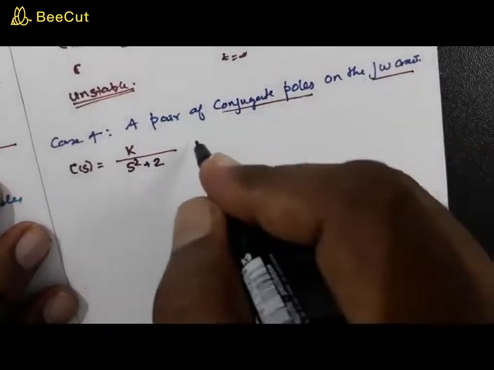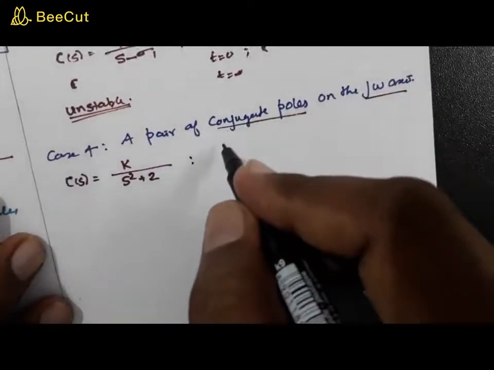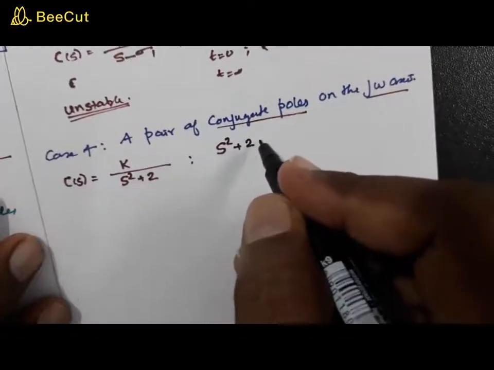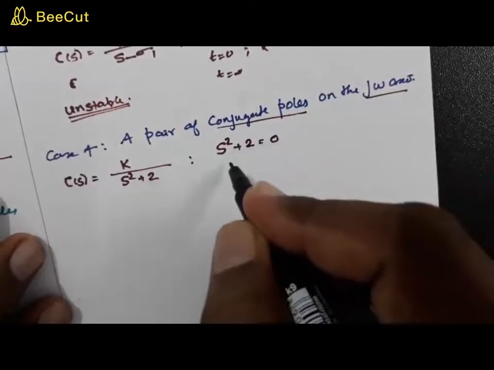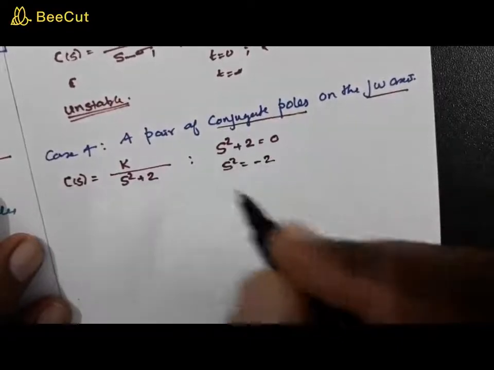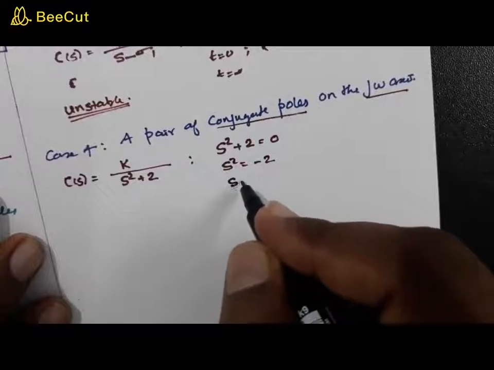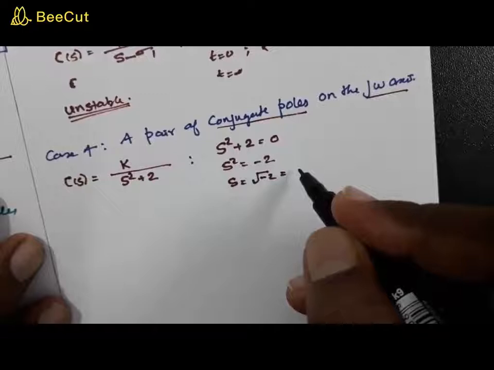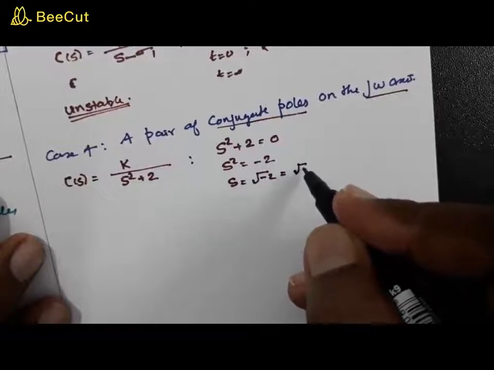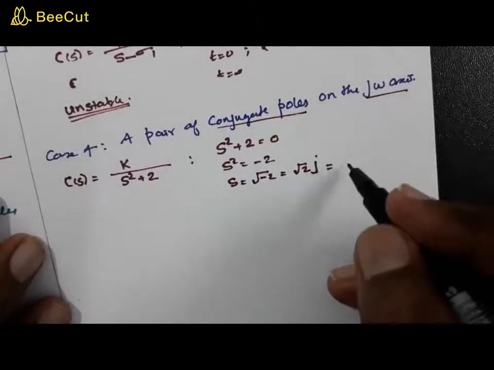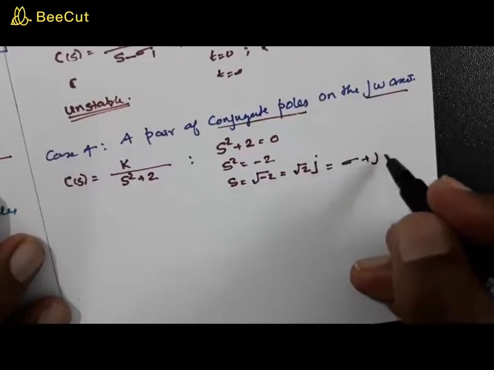To find the poles, you equate the denominator to 0. So s square is equal to minus 2, so s is equal to root of minus 2, or root 2 into j. This is equivalent to sigma plus j omega.